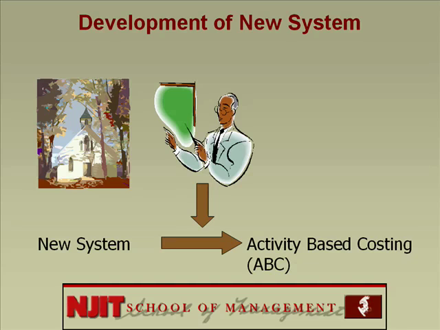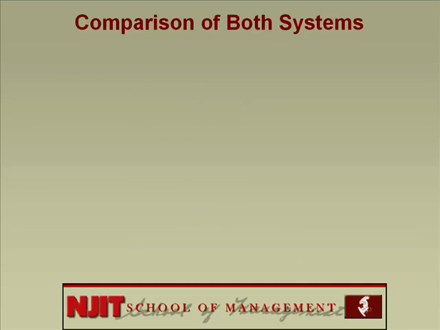Now, here's a very brief comparison of both systems. Once I tell you this, you can use your imagination to figure out why a lot of companies still prefer to use the traditional system.